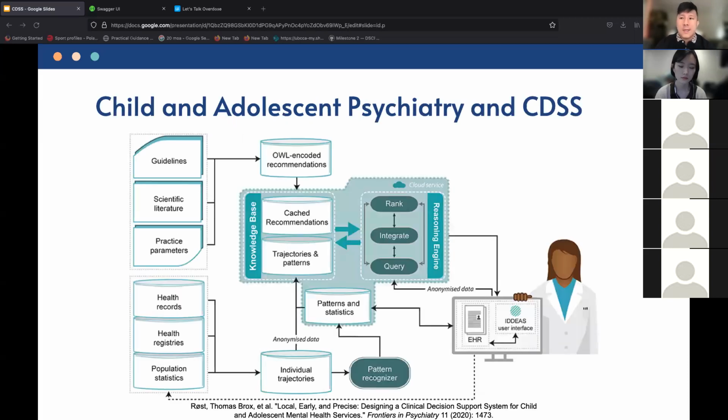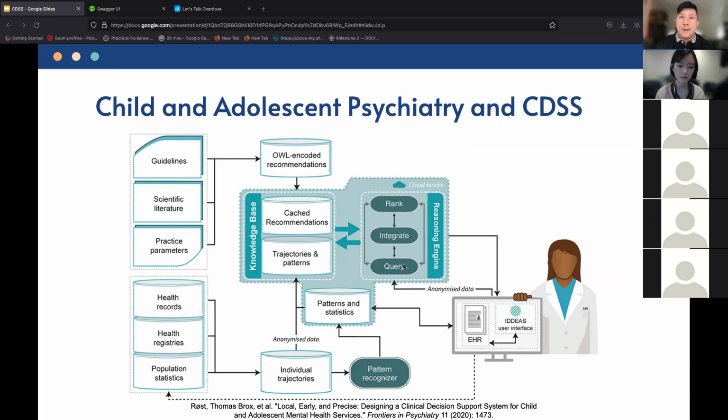Lastly, here's an example of a mixed method system, which is utilizing both non-rule-based and rule-based methodologies to build a CDSS for mental and behavioral disorders in child and adolescent psychiatry. As you can see from the top, this is a system that uses guidelines, scientific literature, and practice parameters to create recommendations that get fed and interact with data that's collected by the system, such as the EHR and the user interface.